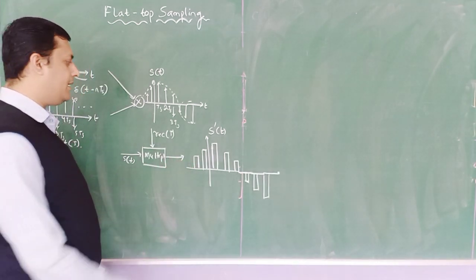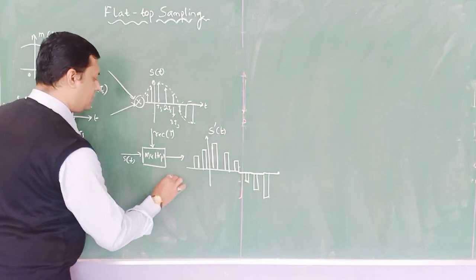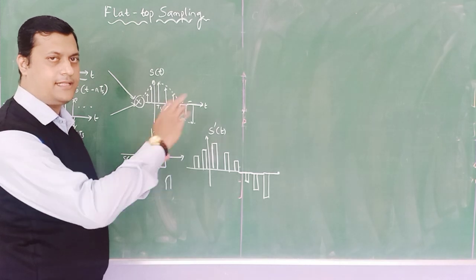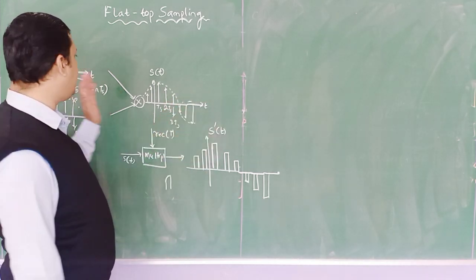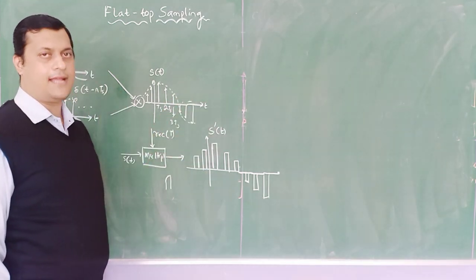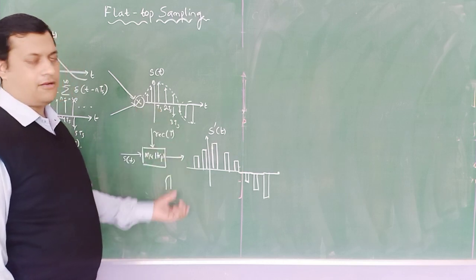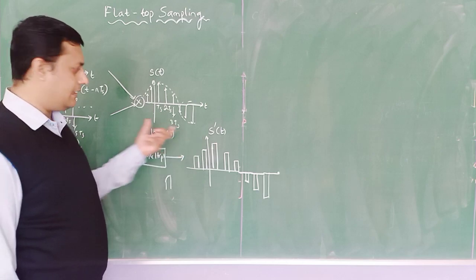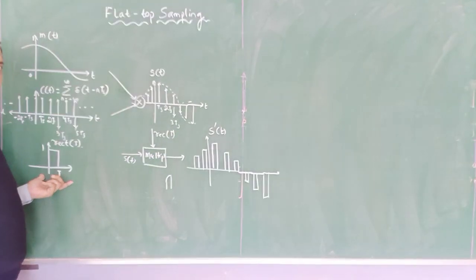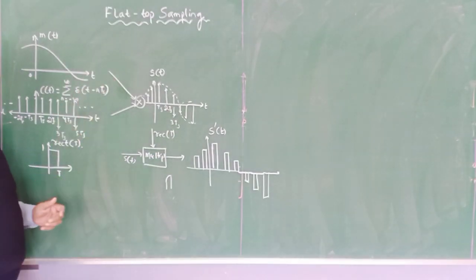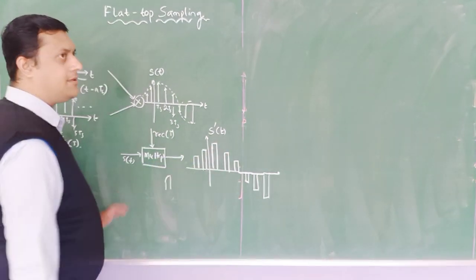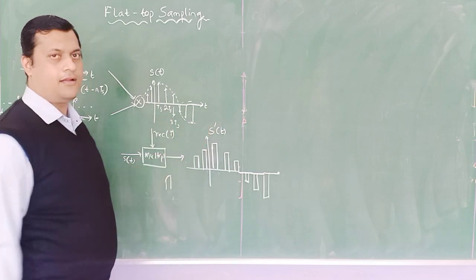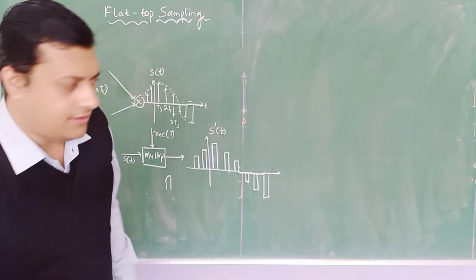In natural sampling, the amplitude of the sample has some parabolic changes. It follows the same content as our modulating signal. But in flat top sampling, first instantaneous sampling has been done, then you multiply this rectangular function at each and every position, and you will get your sample as a flat top. So the sample signal has flat top positions or nature.